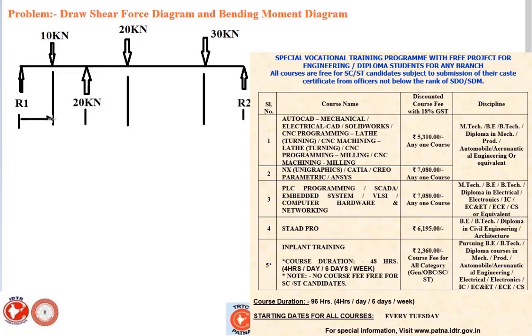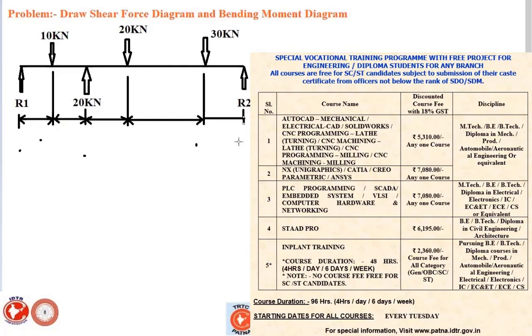Here to here, R1 to 10 kilonewton is your 2 meter. Then the distance from here to here also is your 2 meters. From here to here also, given in the problem, is 2 meter. And from here to here, in short, the problem is given as 4 meter.